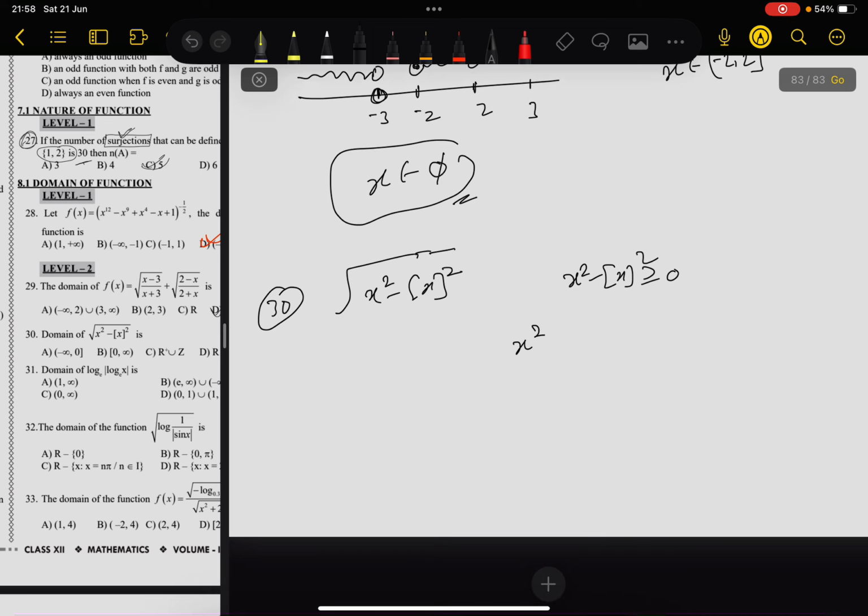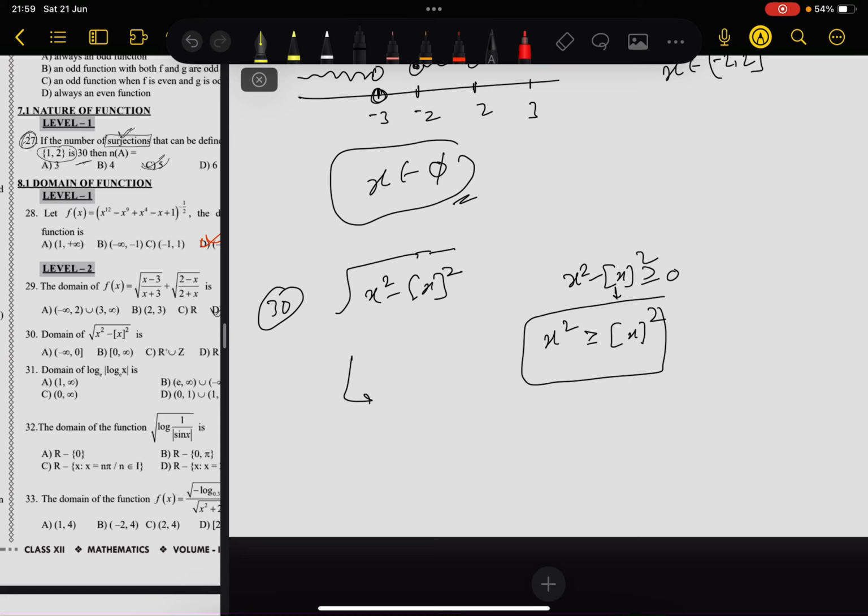So x square should be greater than or equal to box x square, right? As you know, box x is always an integer value. So you can just draw the graph for both functions, and also by using hit and trial you can find the answer, right?